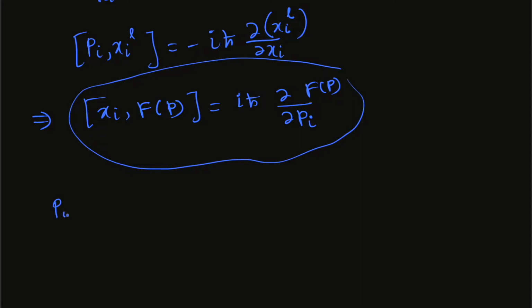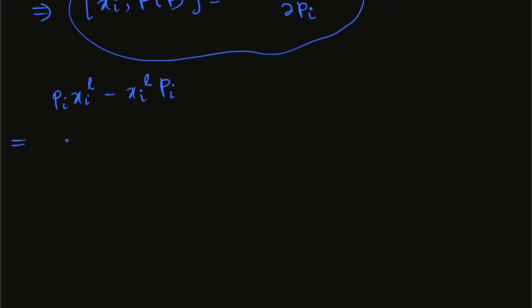First let us write p_i x_l minus x_l p_i. So we will add some terms and subtract some terms.